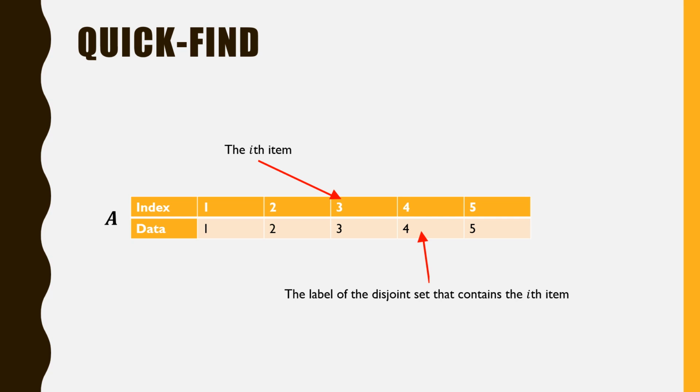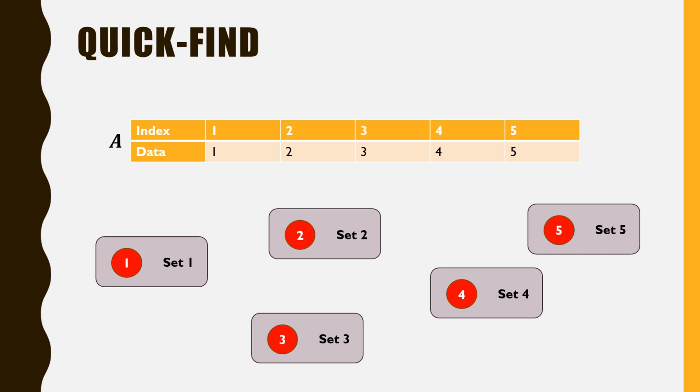That is, A[i] holds the label of the disjoint set that contains element i. For instance, in the example shown here, A[3] has a value of 3, indicating that element 3 belongs to disjoint set 3. This scenario represents the initial state of a disjoint set data structure, where each set contains a single element. In our example, set 1 contains element 1, set 2 contains element 2, and so on.